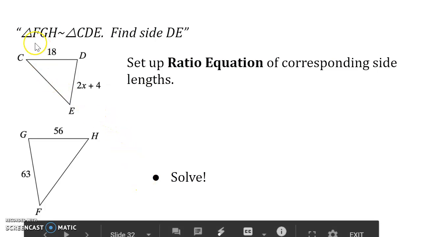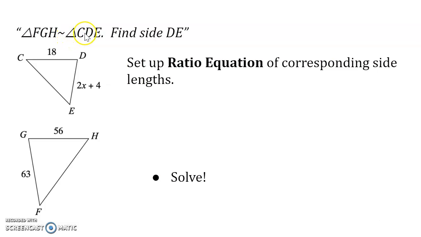Okay, what if we are told that triangle FGH is similar to triangle CDE? Find side DE. We need to figure out what this side is. So now we need to set up the ratio equations of corresponding side lengths.